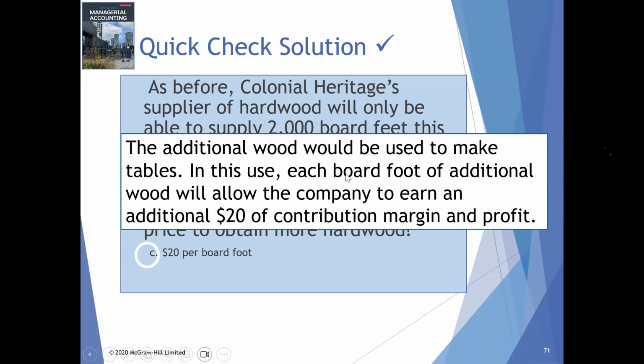In this case, each board foot of additional wood will allow the company to earn an additional $20 of contribution margin and profit. So the additional wood cost that we have already calculated, $20, is the maximum that the company can afford. In this case, there will be no loss.